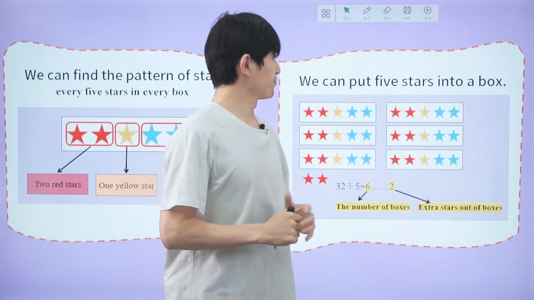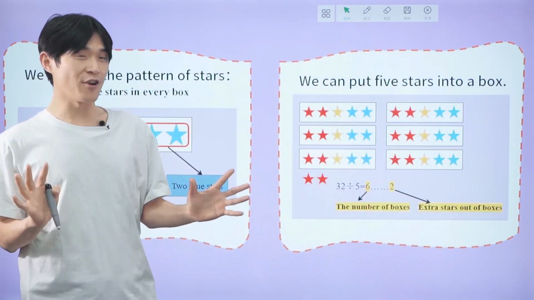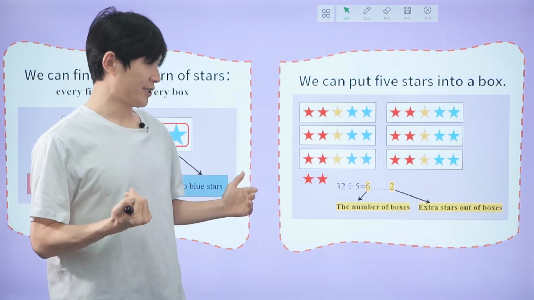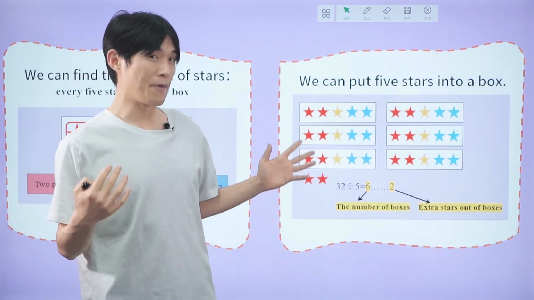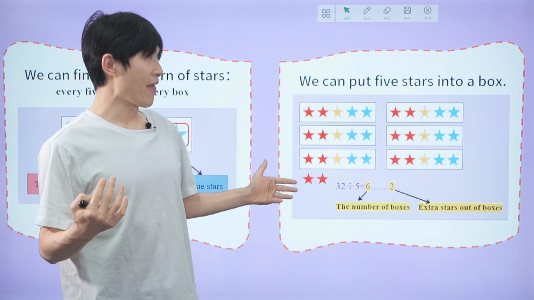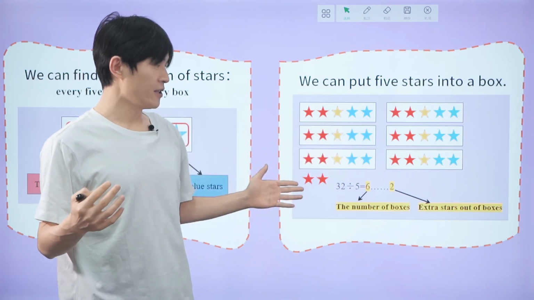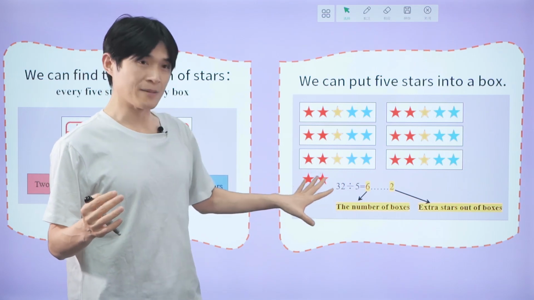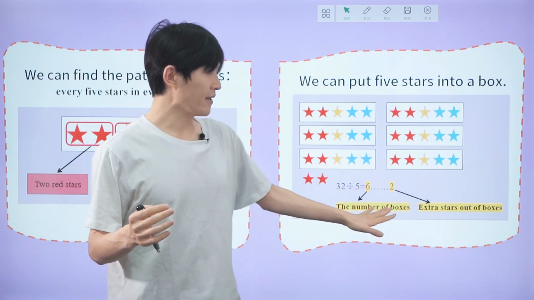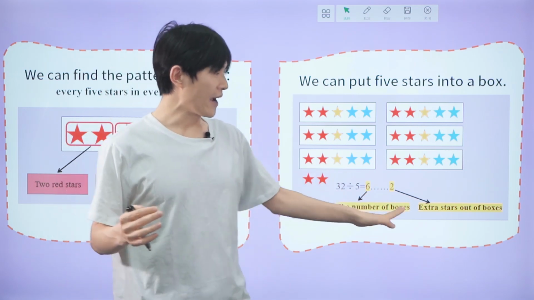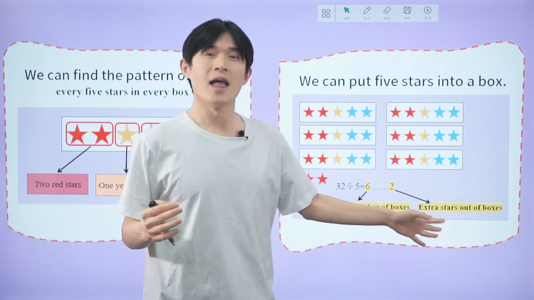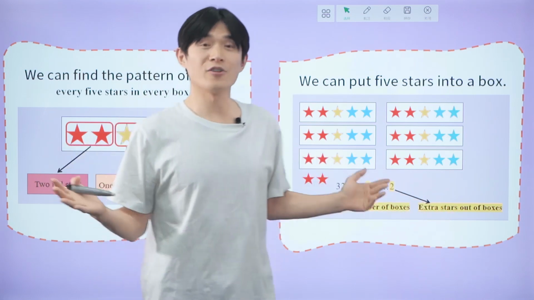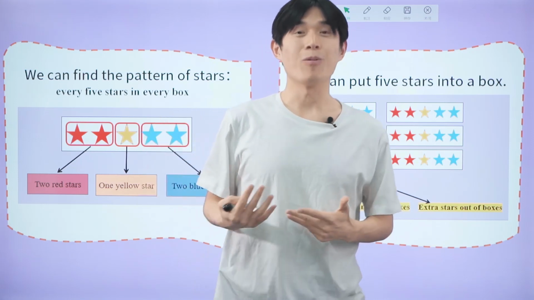And then we can put 5 stars into a box. So 5 stars into a box, and you know that there are 6 boxes with a remainder of 2. So this is a simple division. The number of boxes, that's 6, and extra stars out of boxes, that's the remainder. And this is how you solve this kind of problem.